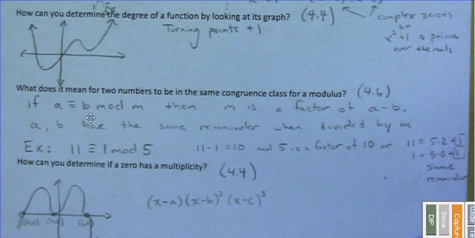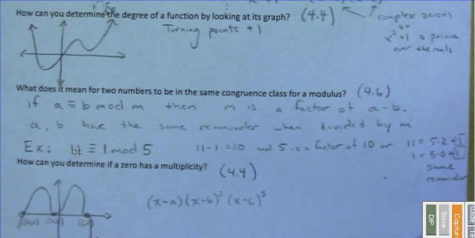If two numbers are in the same congruence class, so for example, if A is congruent to B mod M, that means that essentially A and B have the same remainder when they're being divided by M. One of the ways that you can check this is by taking A minus B. M should be a factor of whatever A minus B is.